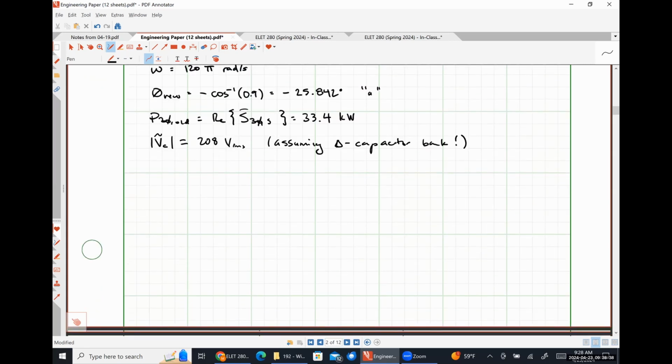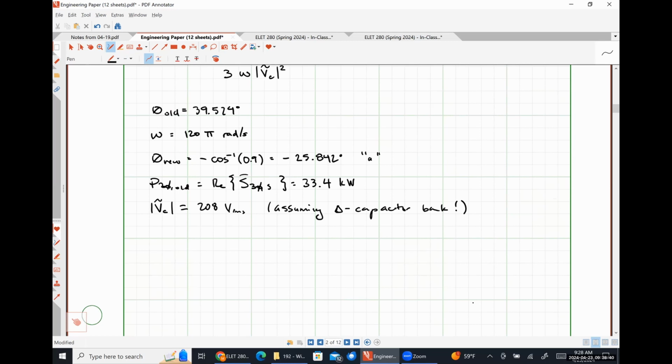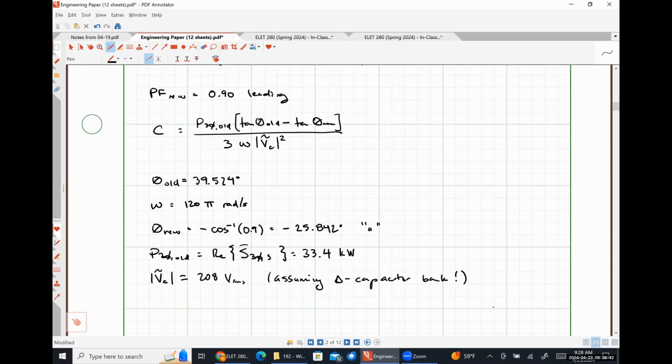Okay. So now we would just literally put all of this information into our capacitor equation, right?